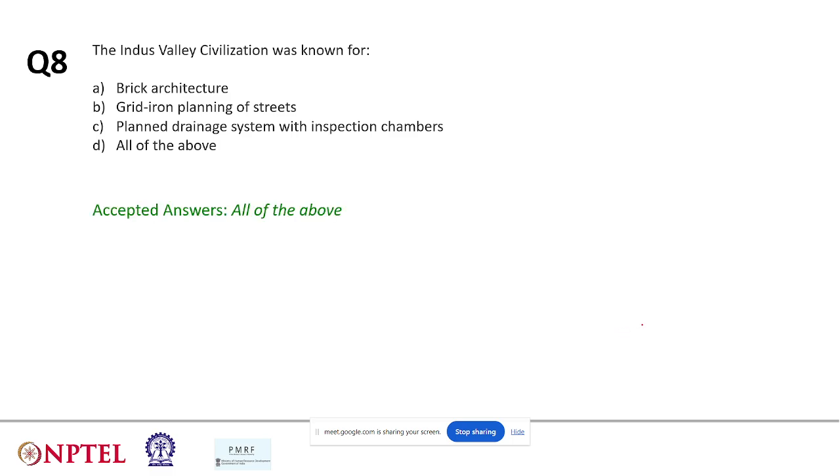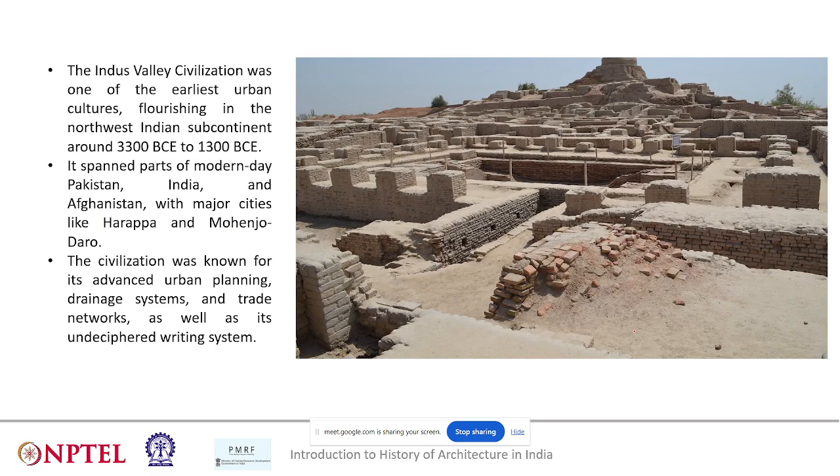Because of course, the Indus Valley civilization, if you can see from the images also, is the earliest civilization that has been excavated. If you just recall, you'll understand that this was flourishing towards the northwest part of the Indian subcontinent.